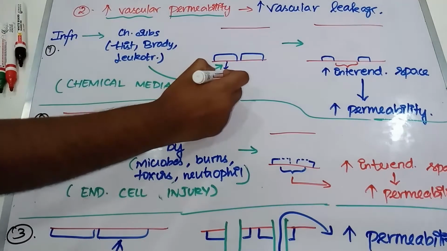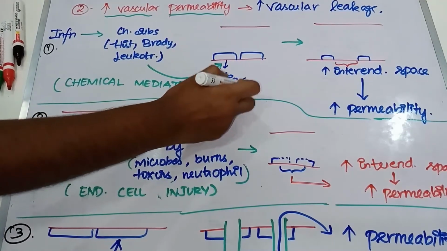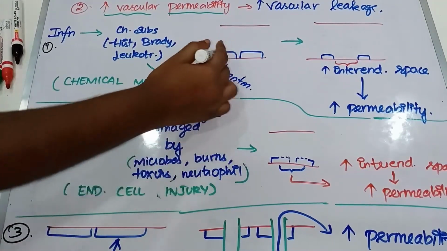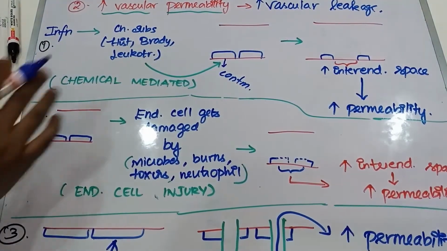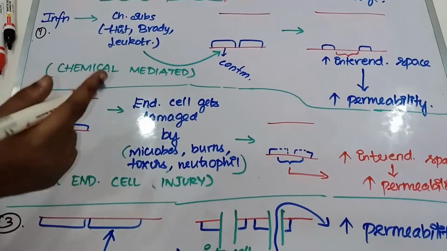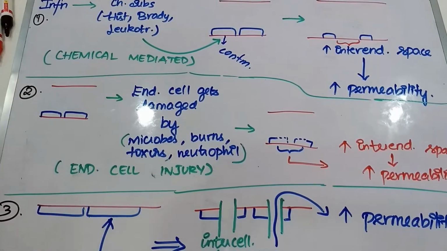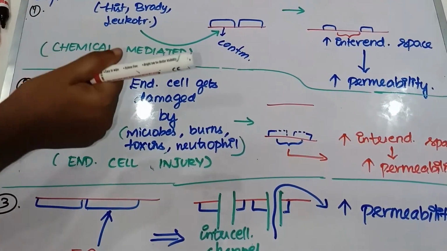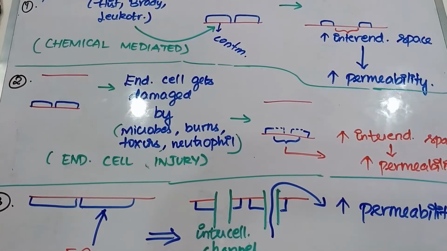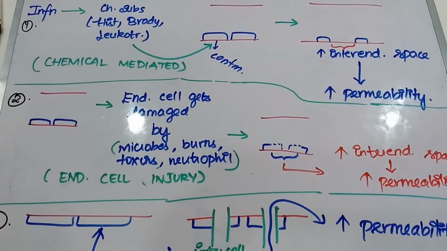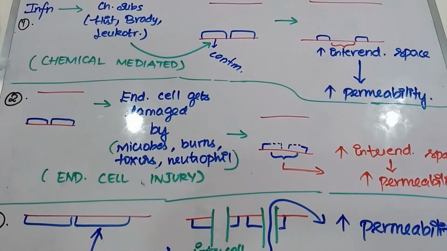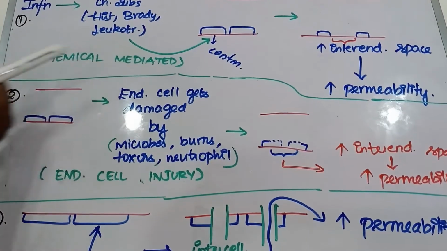Contraction of the endothelial cells causes increased interendothelial space. Through this increased space, the vascular contents leak easily. So it is the reason behind the increased vascular permeability. Since these chemical substances are mediating the increased permeability, it is a chemical mediated one.